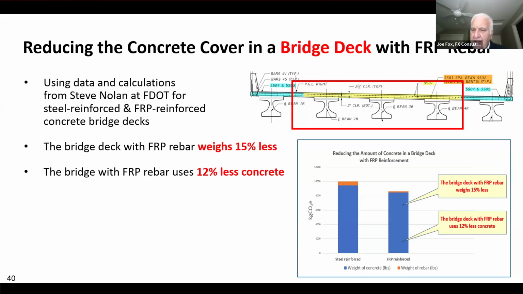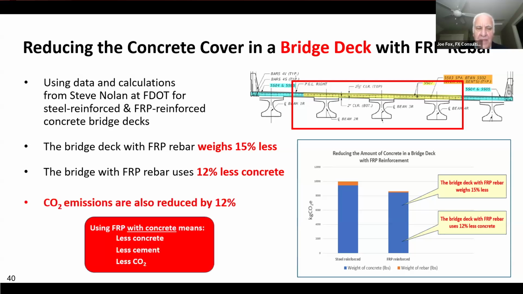And what Steve's calculations have shown is that the bridge deck with FRP rebar weighs 15% less, and the bridge deck with FRP rebar uses 12% less concrete. So less weight, less concrete, and that means that CO2 emissions are also reduced by 12%. Less concrete, less cement, less CO2.